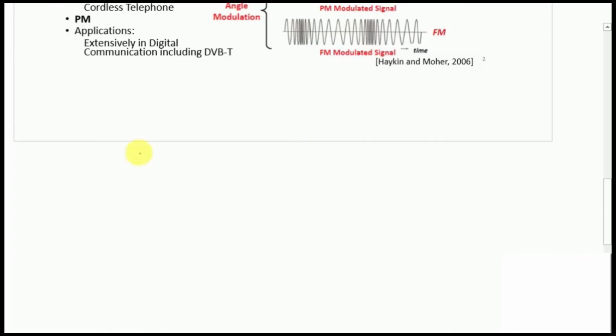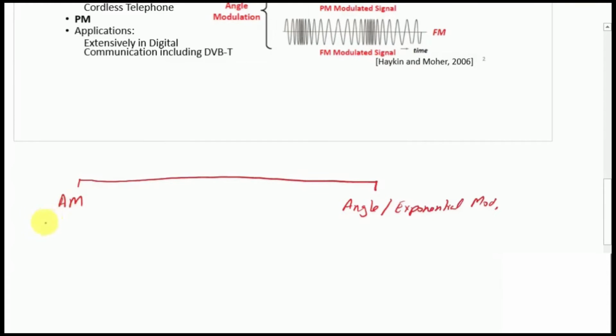When we're talking about modulation, we have amplitude modulation and angle or exponential modulation. In amplitude modulation, if we send a signal S of t, the amplitude is varied with respect to the message signal.